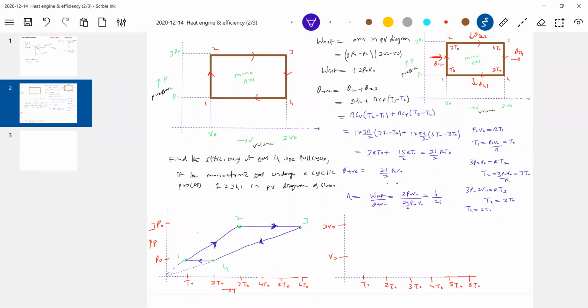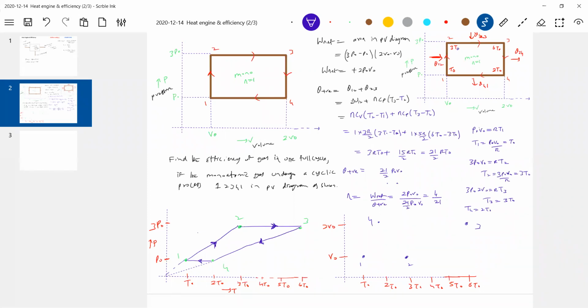Now identify the points. V naught, T naught, point 1. Then again, V naught and 3 T naught. 2 V naught, 6 T naught. Fourth one, 2 V naught, 2 T naught.